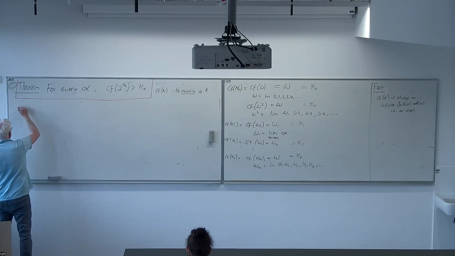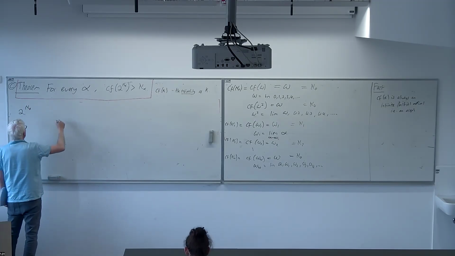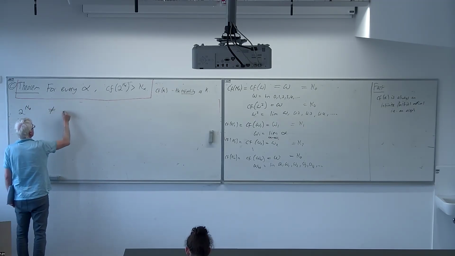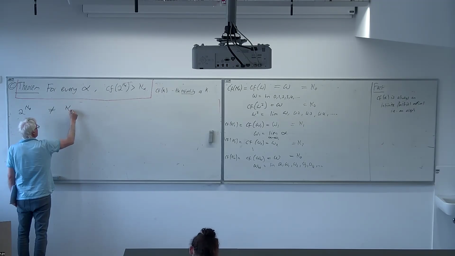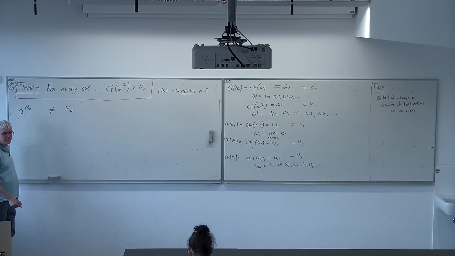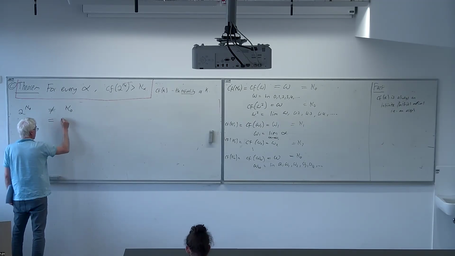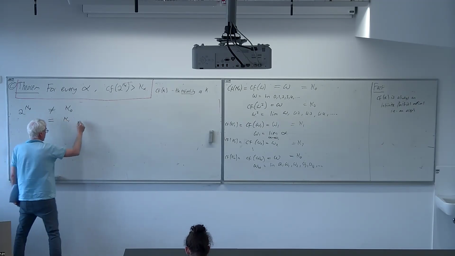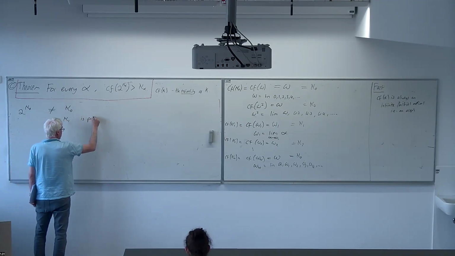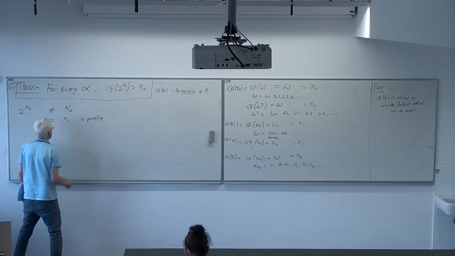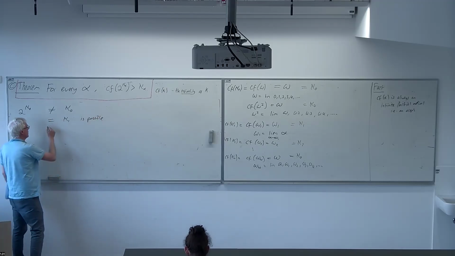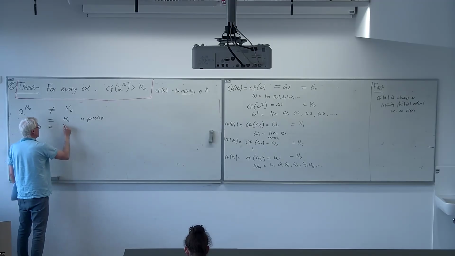So the cardinality of 2 to the aleph 0, well, we know it's not equal to aleph 0, obviously, because it's greater than or equal to aleph 1. So it is possible that it's aleph 1, but it need not be.